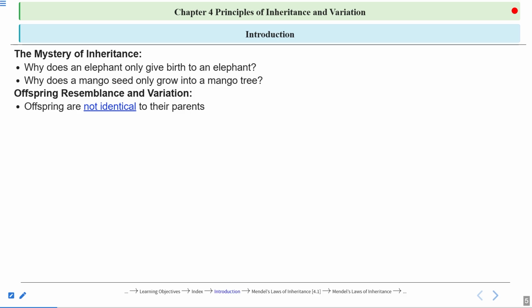Now, let's talk about offspring resemblance and variation. Offspring are not identical to their parents. Especially in sexual reproduction, the offspring are not identical to their parents. Because what happens in sexual reproduction? Male and female, it means two parents are involved. It is a biparental condition.